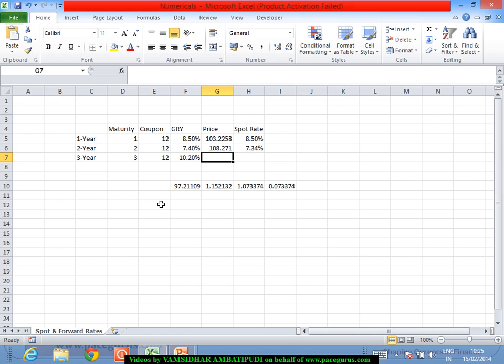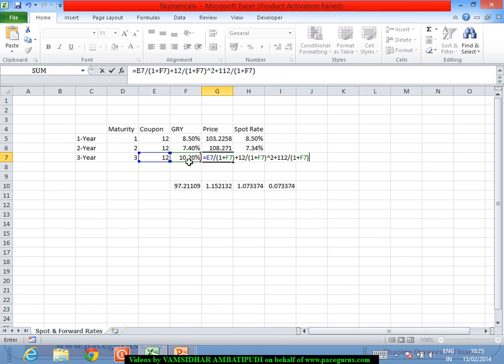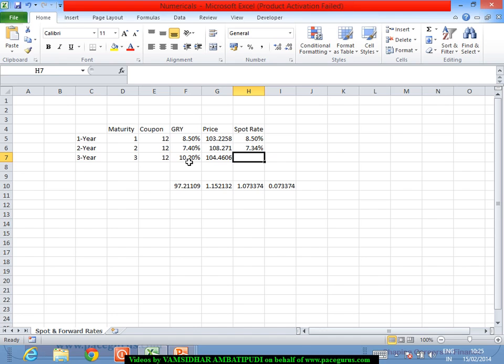So the price can come out as 12 divided by 1 plus this, plus 12 divided by 1 plus this squared, plus 112 divided by 1 plus this cube. This is what is giving me the price of the 3-year bond.